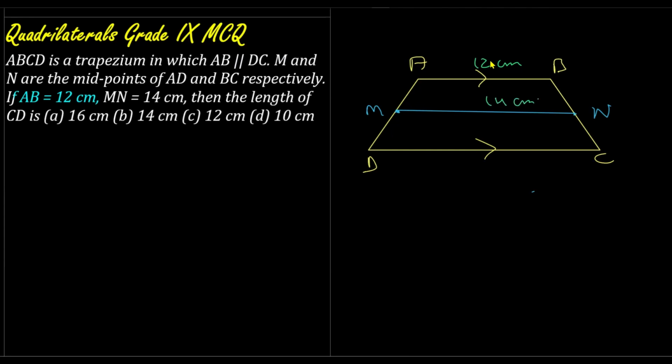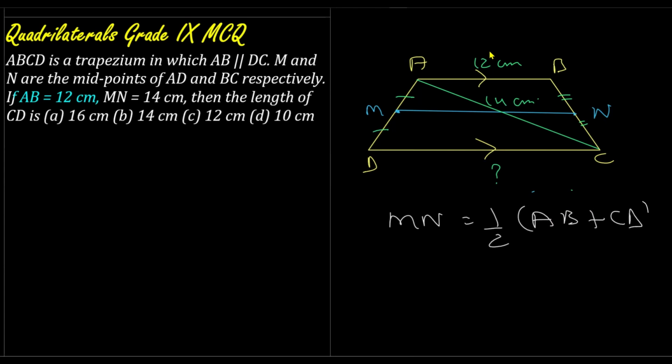And we have to get the length of CD. If you remember the property of intercepts, when three lines are parallel and they make equal intercepts, then MN should be half of AB plus CD.